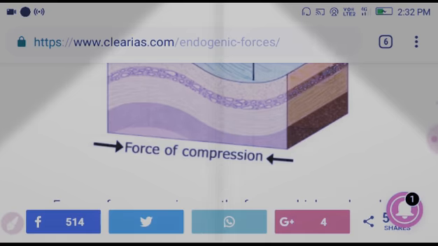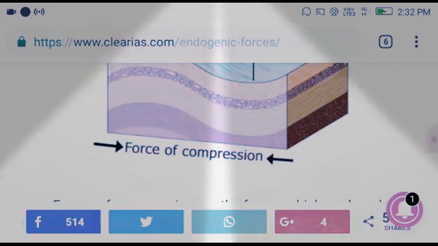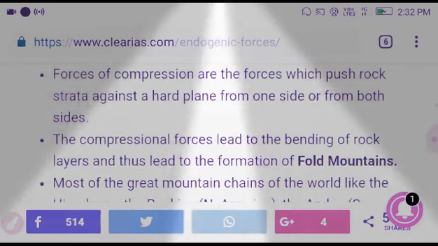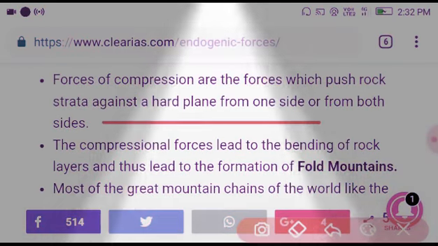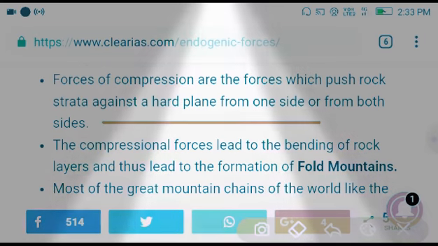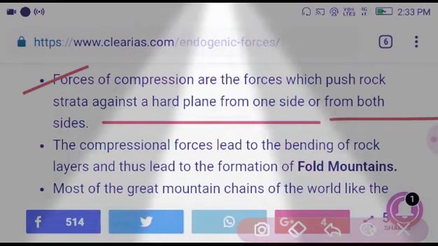Forces of compression are the forces which push rock strata against a hard plane from one side or from both sides.